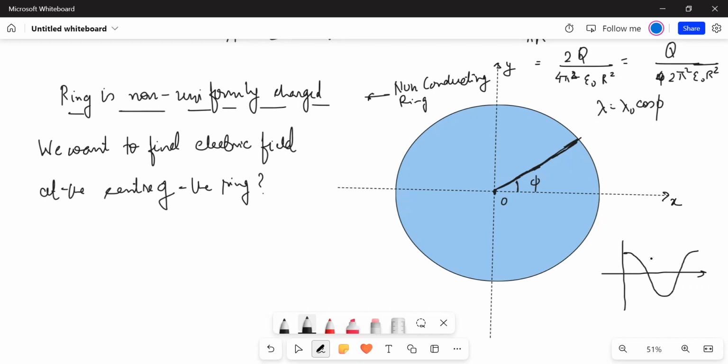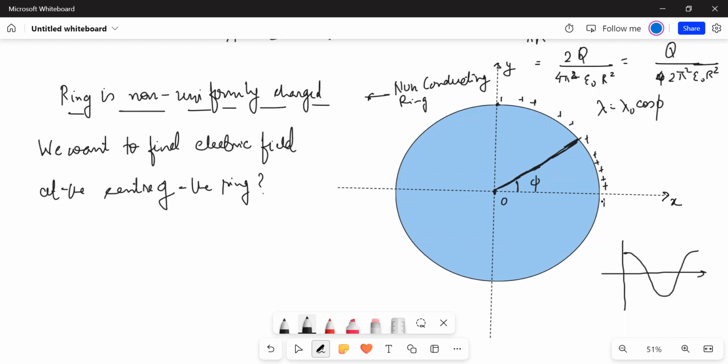So from 0 to pi by 2, your cos function would dictate that there would be heavy positively dense charges here, and then the density would slowly decrease, and you will have no charge exactly at this point, because here phi becomes pi by 2, and lambda is equal to lambda naught cos pi by 2, which is simply 0. Is that clear?